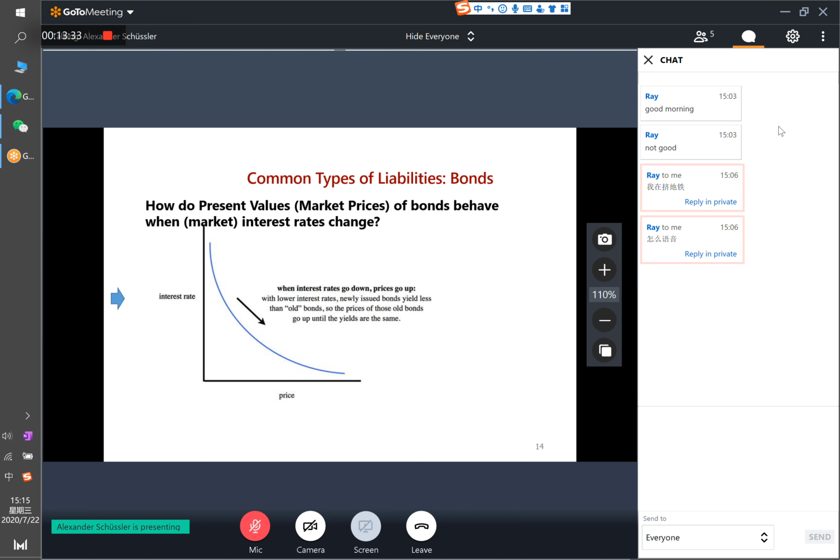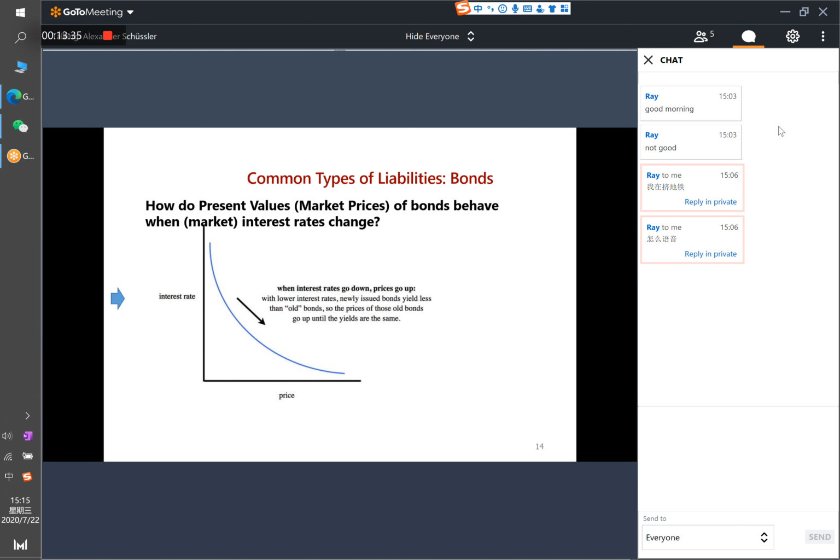With lower interest rates, the newly issued bonds yield less than the old bonds. So the prices of the old bonds have to adjust. They go up until the yields are the same, because the old bonds aren't otherwise as competitive.